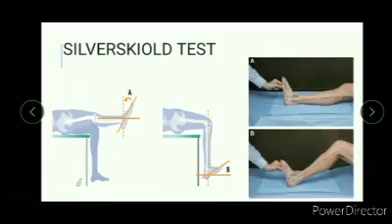Any significant increase in the range of dorsiflexion when the knee is kept in flexed position indicates the involvement of the gastrocnemius muscle. If gastrocnemius is involved, it's better to treat the gastrocnemius rather than the tendo Achilles. So the choice of treatment can be gastrocnemius resection.